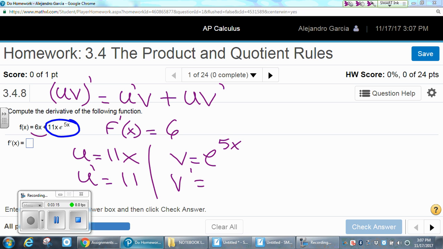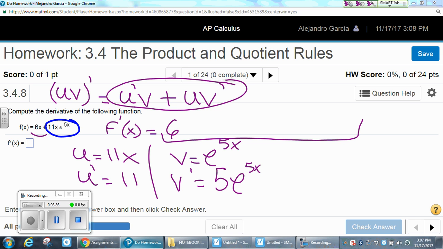So v prime is going to be 5e to the 5x. Okay, and now we're going to apply this part to the rest of our f prime formula.